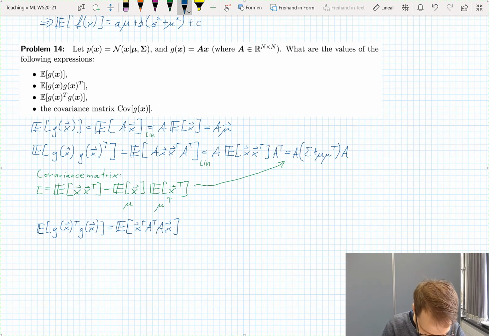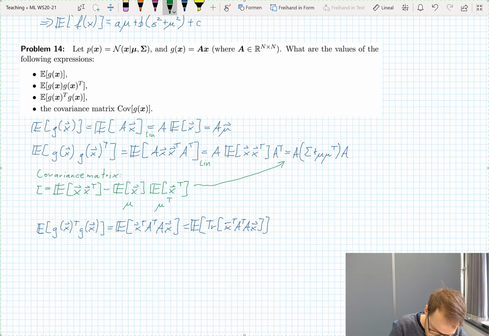The A's are on the inside, so we can't use linearity of expectation. But we can use a little trick. This is often useful in linear algebra, because the result of this is a scalar, right? If we take the trace of a scalar, it is still the same scalar. So we say, hey, this is the same as the trace of x transposed A transposed A x.